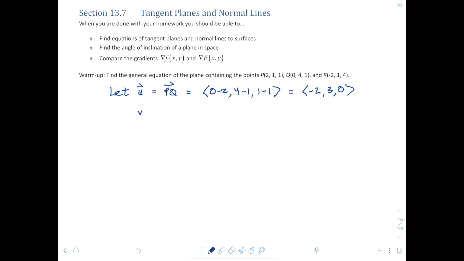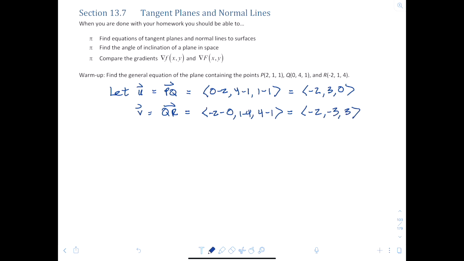And we can let v equal, let's see, how about QR, the directed segment QR, which would be -2 minus 0, 1 minus 4, and then 4 minus 1, which would be <-2, -3, 3>.